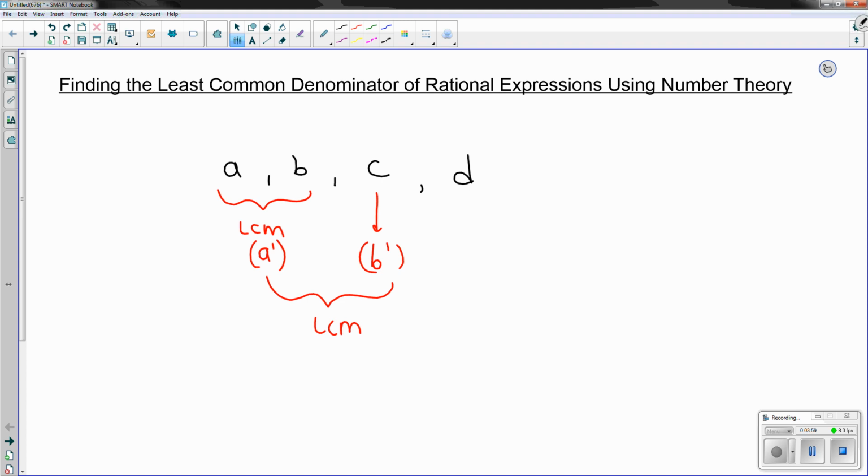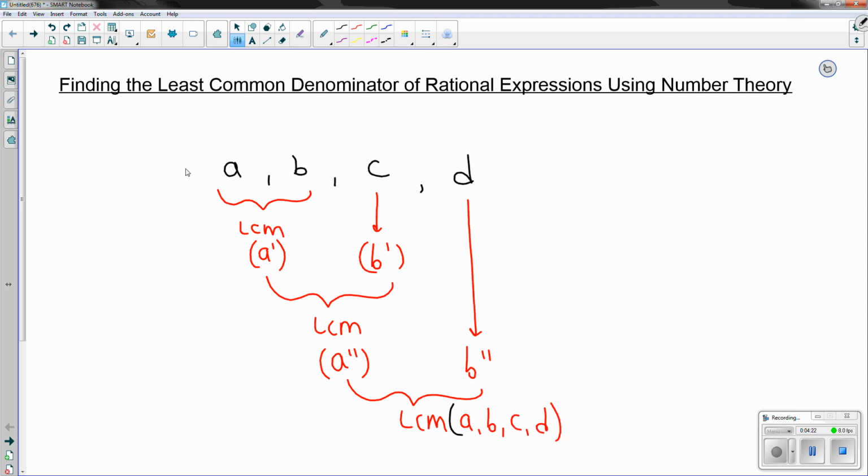So if we have D, we call the LCM between A prime and B prime A double prime. We drag down D, call that B double prime, and we find the LCM between those two. That final LCM would get you the LCM between A, B, C, and D.